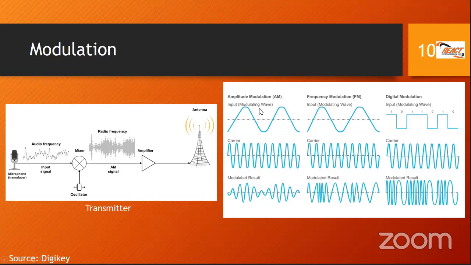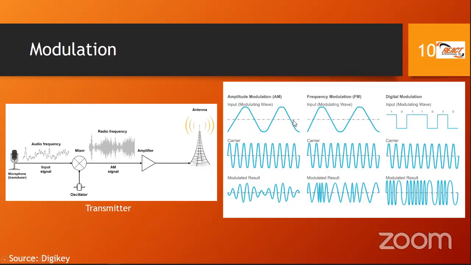If we were to look at the left-hand side here, first of all, amplitude modulation. We start with our voice, or what we call our input modulating wave. We have the carrier frequency, which is what our dial is tuned to, whatever frequency we're transmitting on.